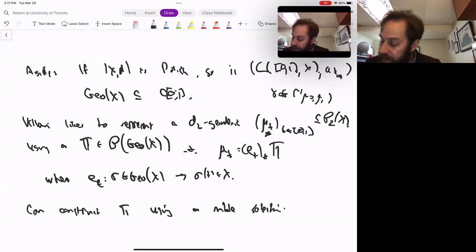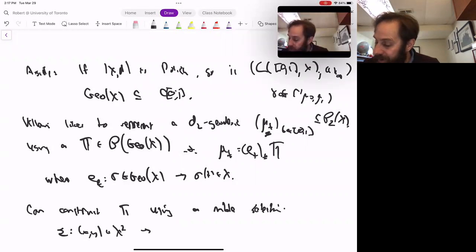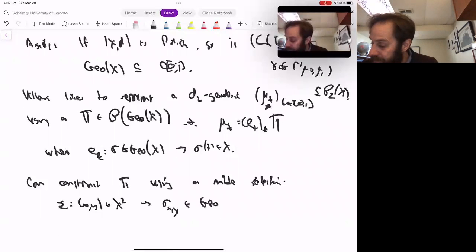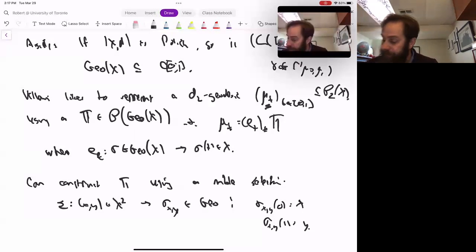Let's say, maybe I should call it sigma, that takes pairs of points (x, y) in X squared to geodesics sigma_{x,y} in Geo such that sigma_{x,y}(0) equals x and sigma_{x,y}(1) equals y.